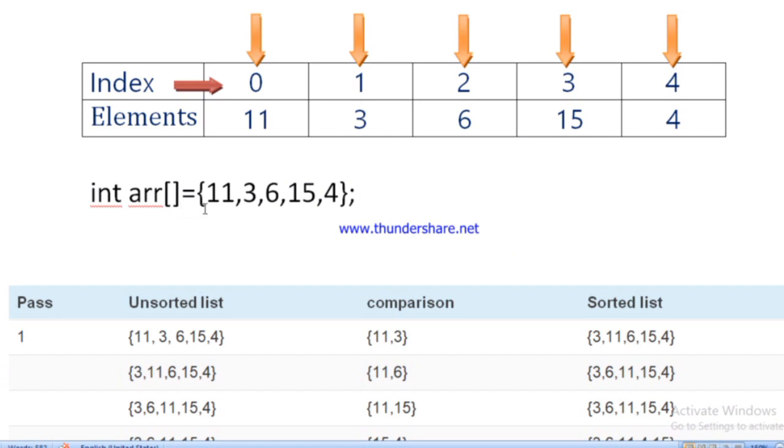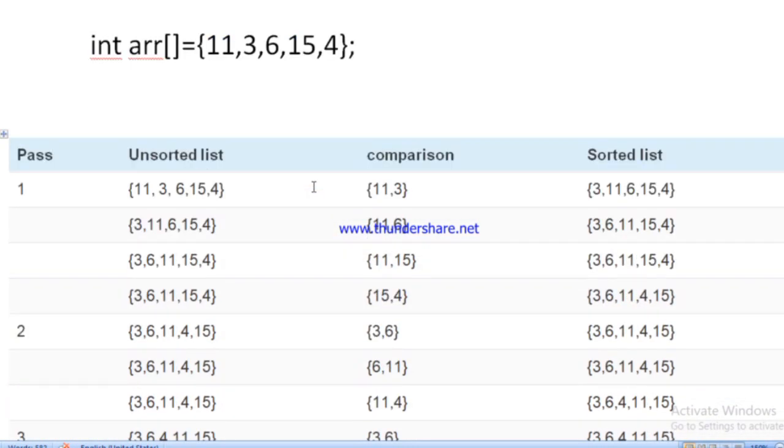So int arr[], 5 integer elements I have taken here: 11 3 6 15 4. So index position 0 has array element 11, index position 1 has 3, index position 2 has 6, index position 3 has 15, and index position 4 has 4. The upper row shows the index position of the array and the lower row shows the array elements, so all elements are shown according to their index position.